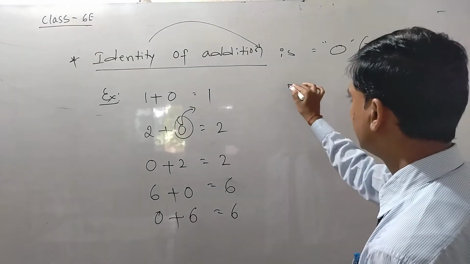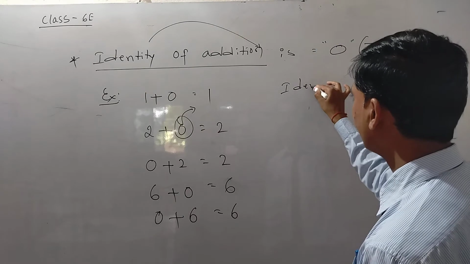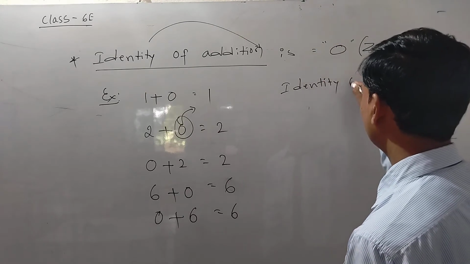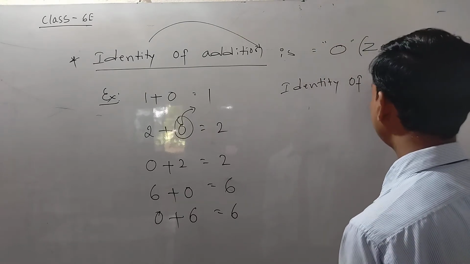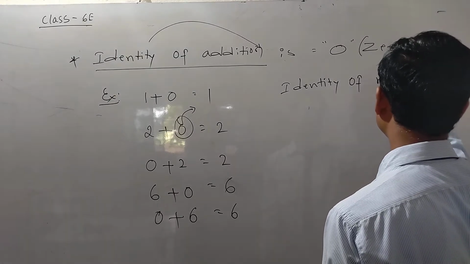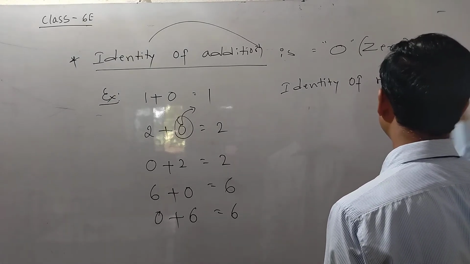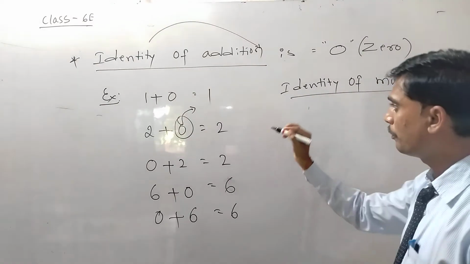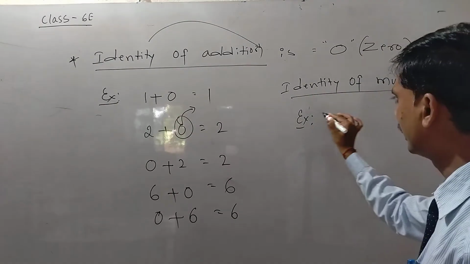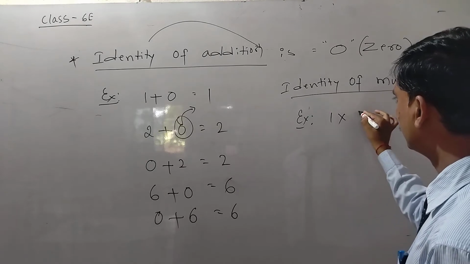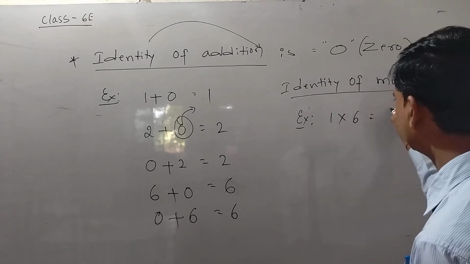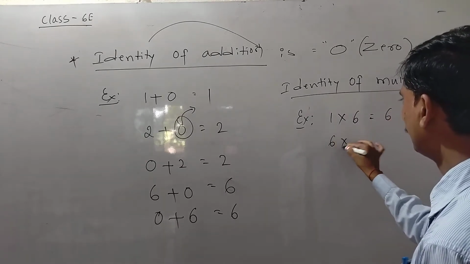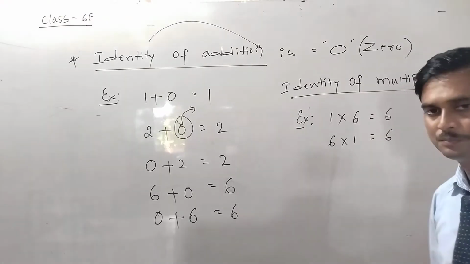Okay. Then next one is identity of multiplication. Identity of multiplication is also very important. Identity of multiplication means, example, look at here. 1 into 6 is equal to 6, 1 sixes are 6. 6 into 1 is equal to 6 only.